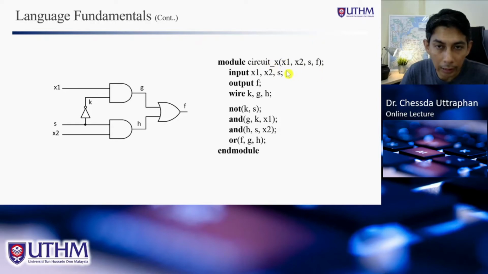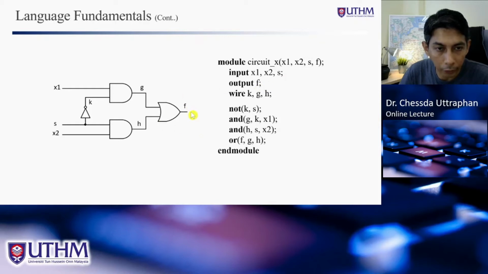And in the bracket here is the list of the ports. In this case, we have the input and output ports: X1, S, X2, and another one, F. All are listed here: X1, X2, S, and F. Then we define our inputs: X1, X2, and S are inputs.